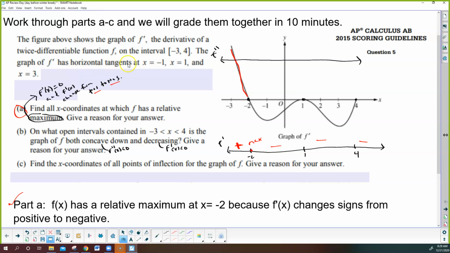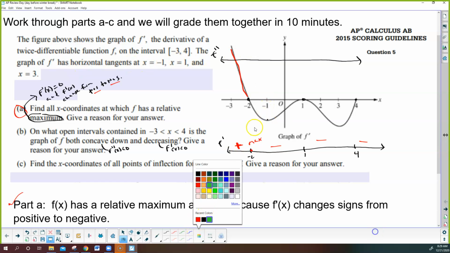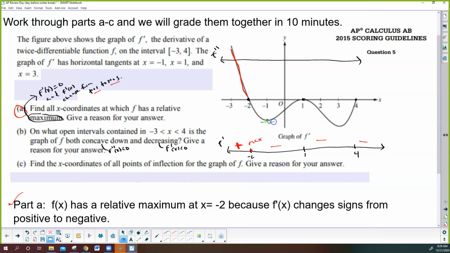Well, that's what they gave me, horizontal tangents. Right here at -1, this is in a different color, I've got a 0 slope. So that means the derivative of the derivative, f double prime, is 0. At 1, I've got a 0 slope. And at 3, I've got a 0 slope.